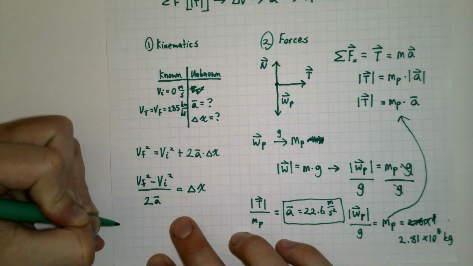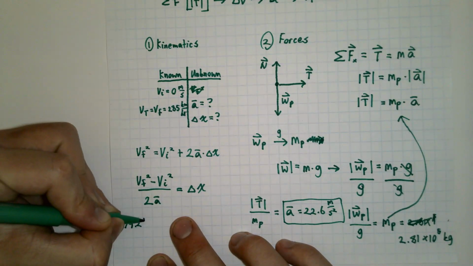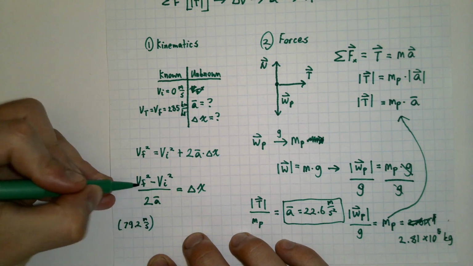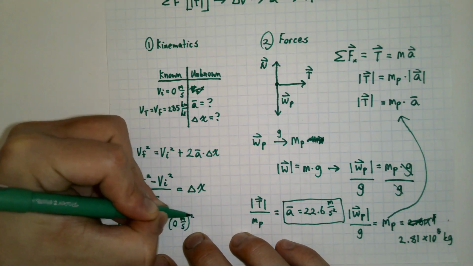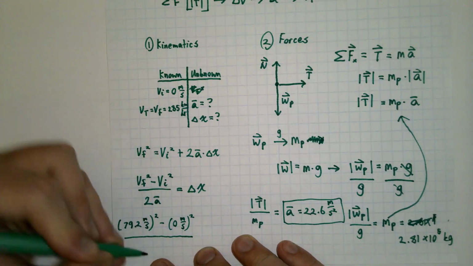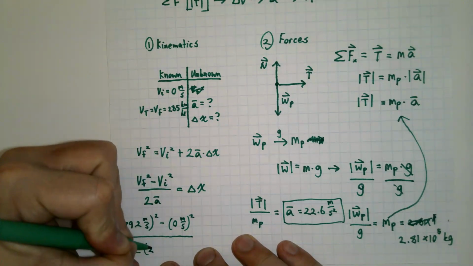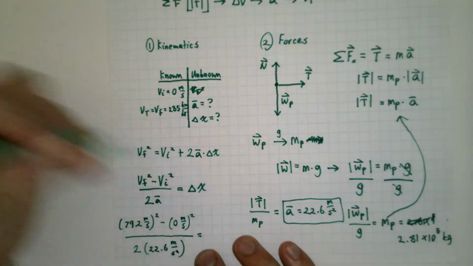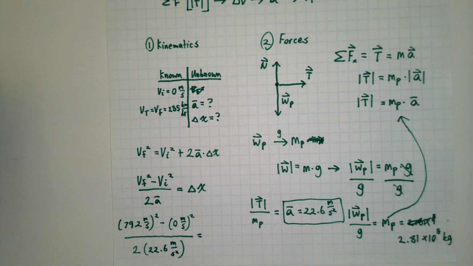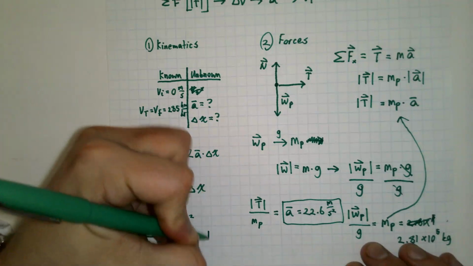So I have 79.2 meters per second, that quantity squared, minus 0 meters per second, my initial velocity, quantity squared, divided by 2 times our acceleration that we found as 22.6 meters per second squared. I put that into my calculator, and we find that our displacement is 139 meters.